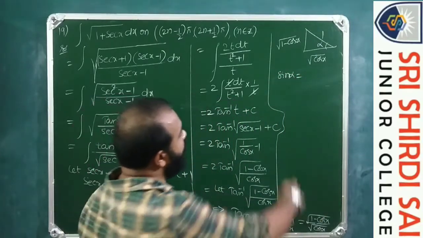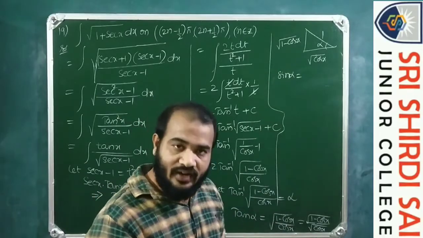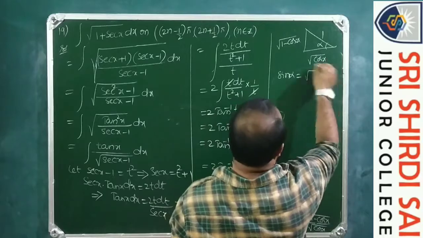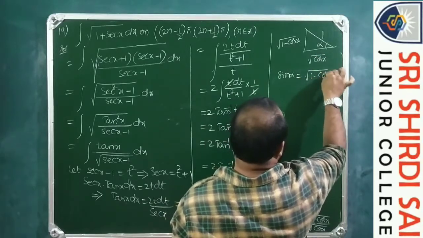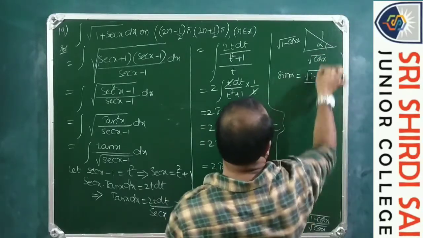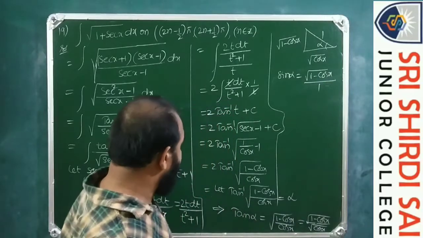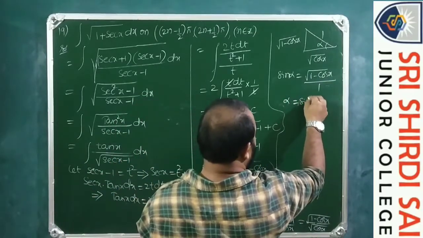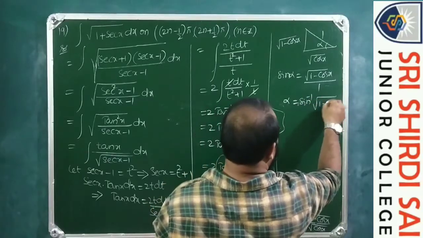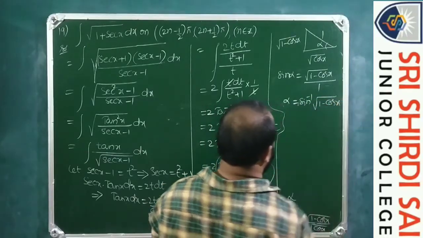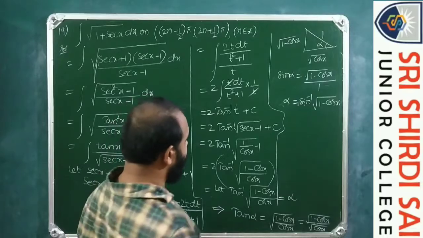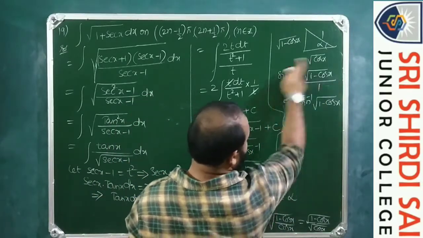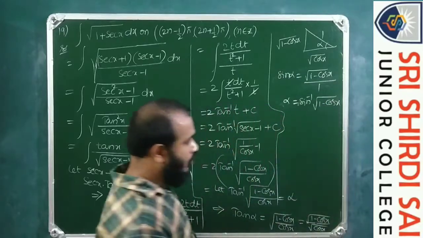What is sin alpha from here? Opposite side by hypotenuse. So root of 1 minus cos x by hypotenuse is 1. So sin alpha is root of 1 minus cos x, while alpha is equal to sin inverse of root of 1 minus cos x.